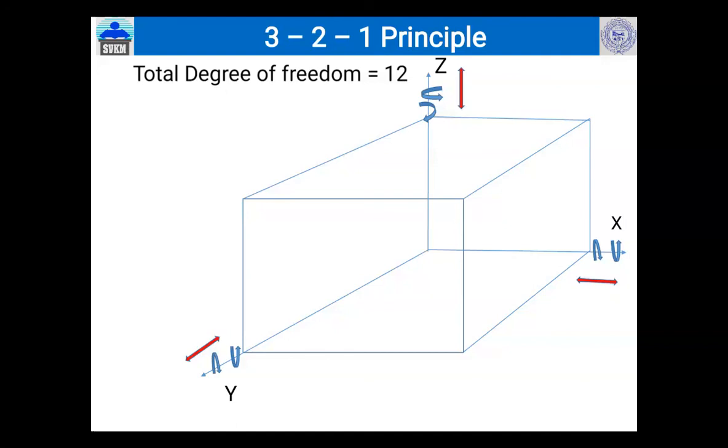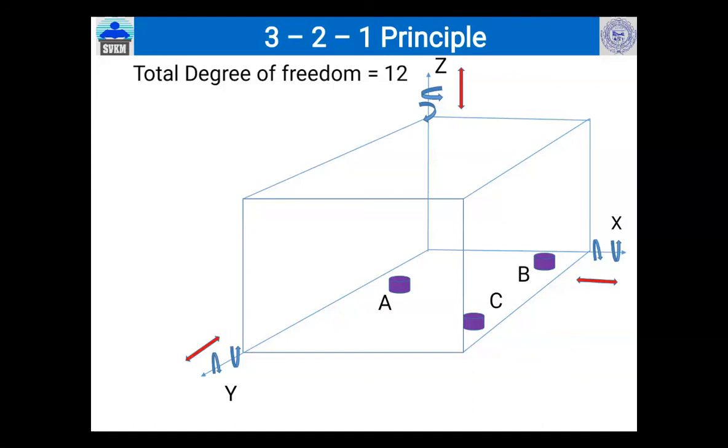To restrict the motions of workpiece, if we add 3 pins at the bottom of the workpiece, that is pin A, pin B and pin C, you can restrict total 5 motions, or you can say 5 movements of the workpiece.